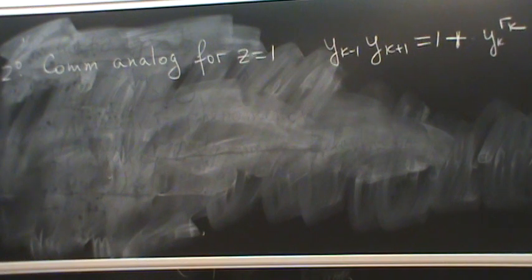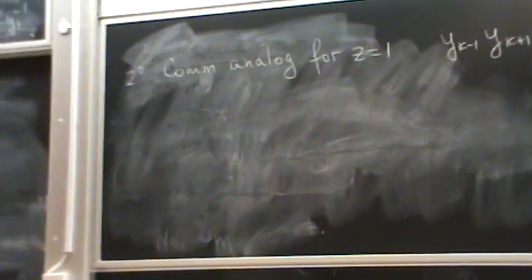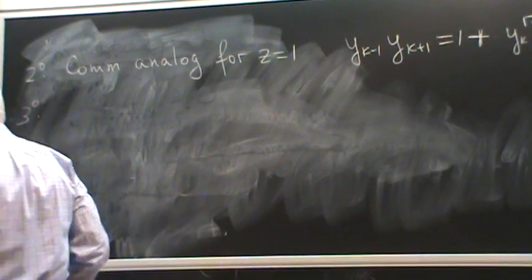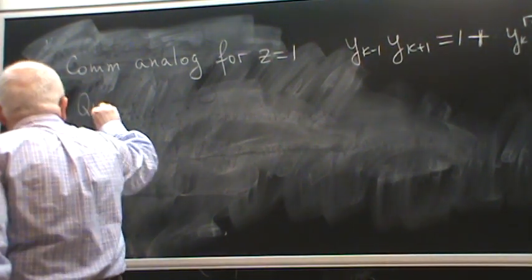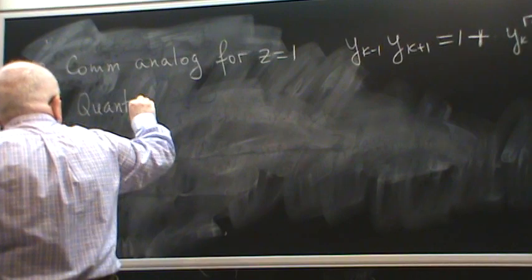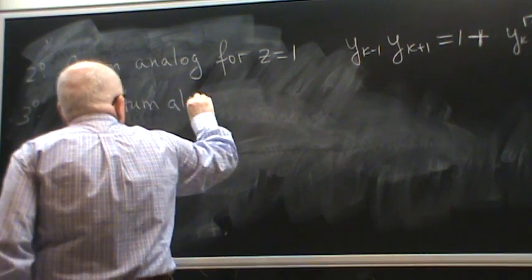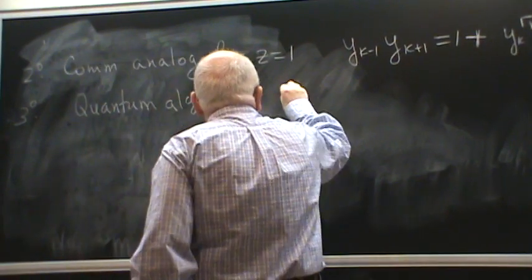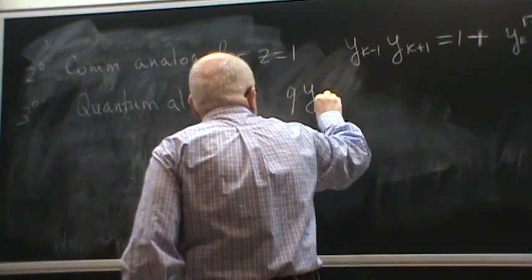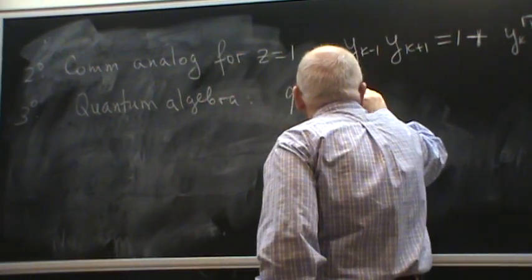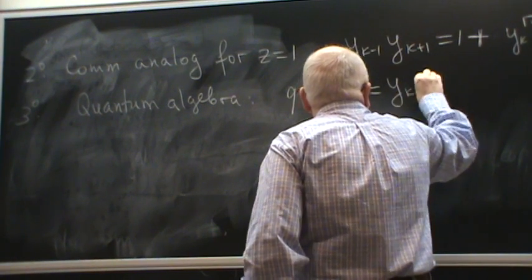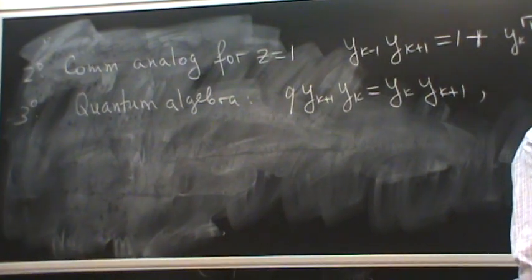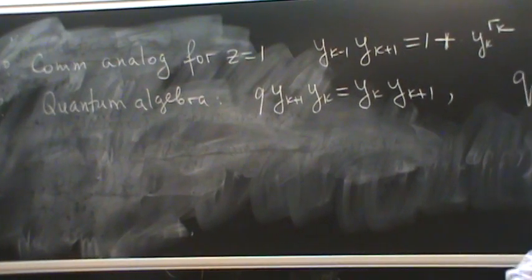Now, what is interesting is 3. Now, 3 is that people doing quantum algebra will write this as Q, but Q just belongs to a field, to a scalar.